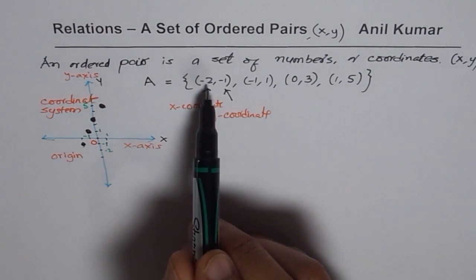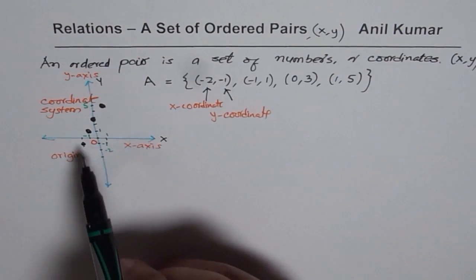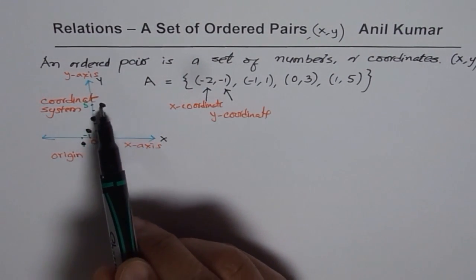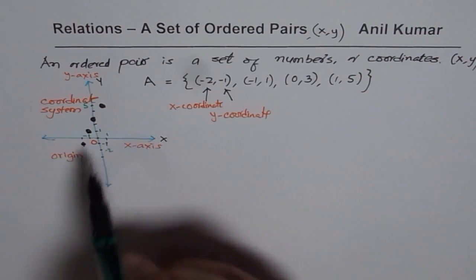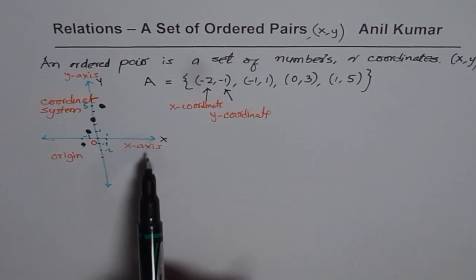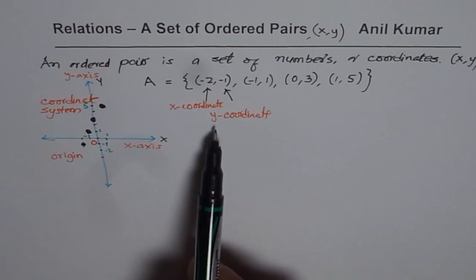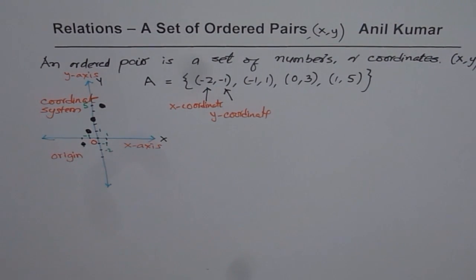So that is how x and y are related. So every point here on the coordinate system represents a relation between x and y coordinates.